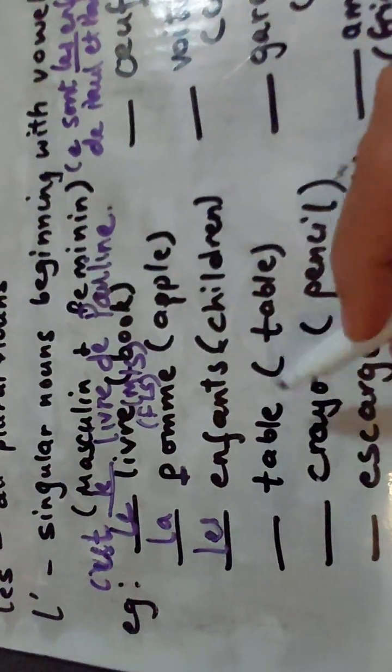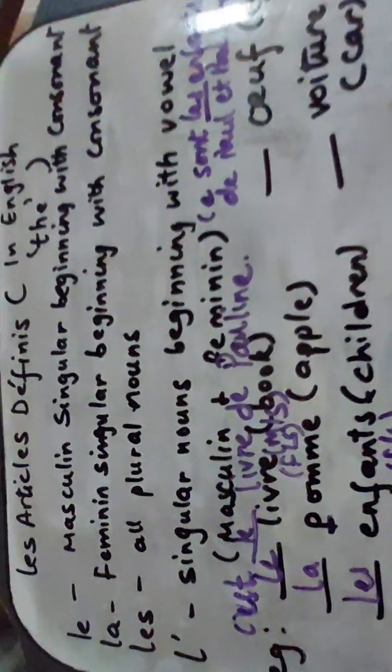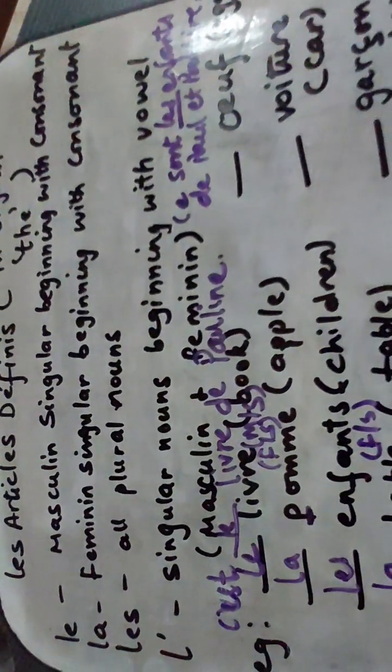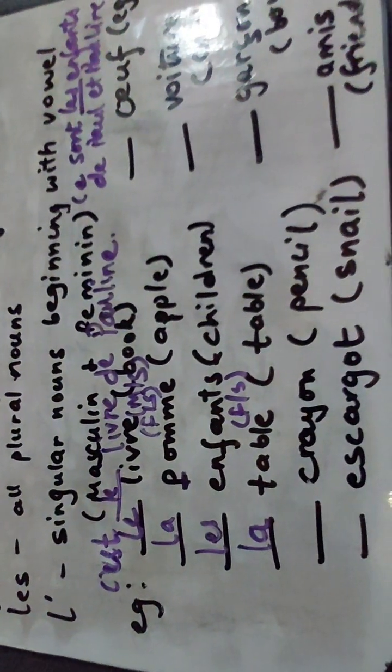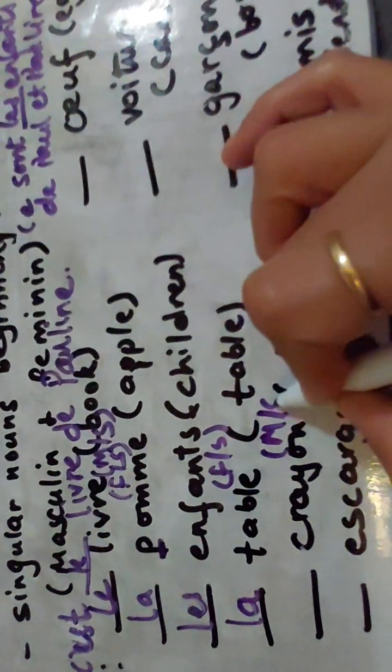The next is table. Table is also a feminine and singular noun, right? So what do we write before feminine singular nouns? We write la, so it's going to be la table. Then crayon is a masculine singular noun, which means pencil. So we are going to write le for masculine singular nouns.